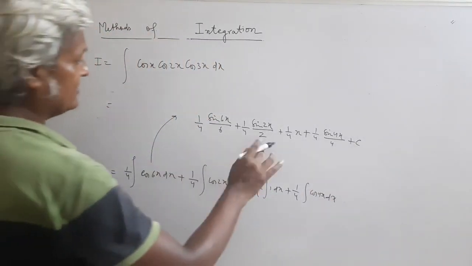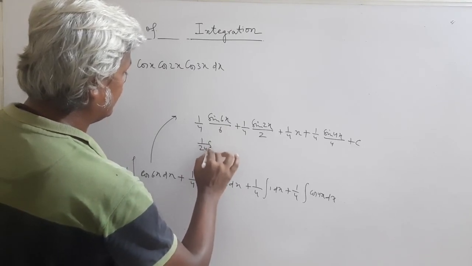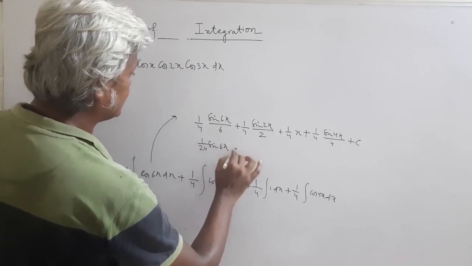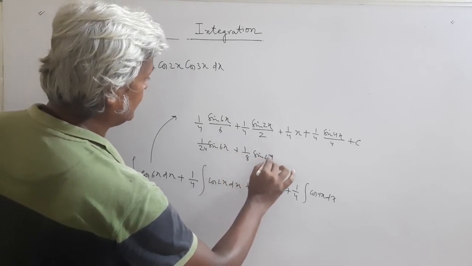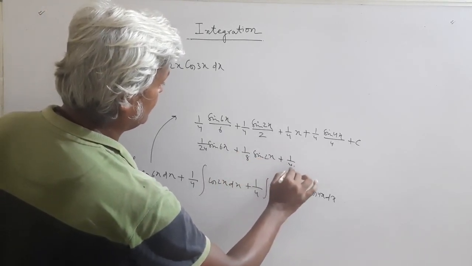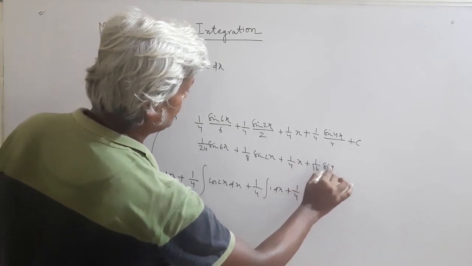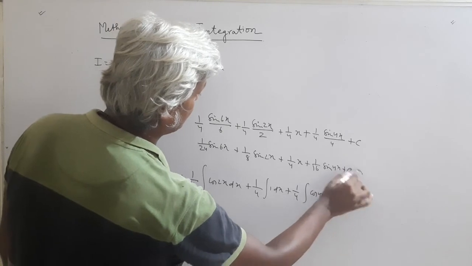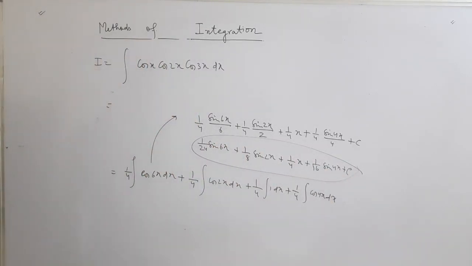Now I write everything in order: 1 over 24 sin 6x plus 1 over 8 sin 2x plus 1 over 4 x plus 1 over 16 sin 4x plus c. This is the answer of this integration.